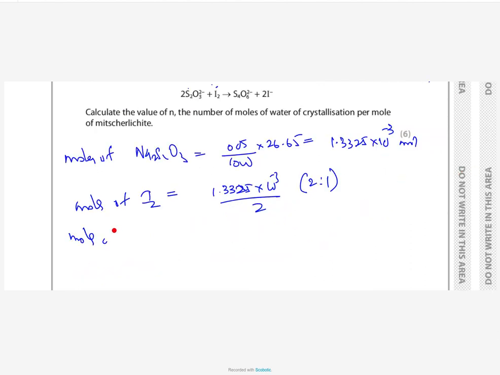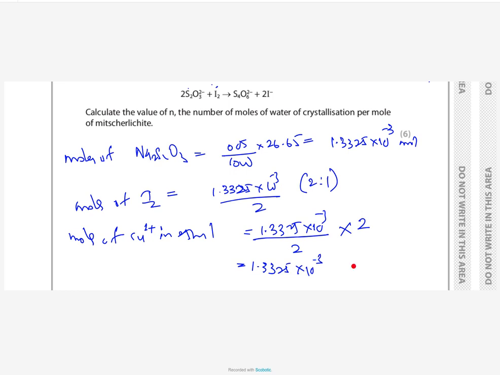So moles of copper 2+ in 25 ml is 1.3325 times 10 to the power minus 3 divided by 2, multiplied by 2. This answer multiplied by 2, so you get the same answer at the end. Number of moles of copper 2+ in 25 ml is the same as the number of moles of sodium thiosulfate.